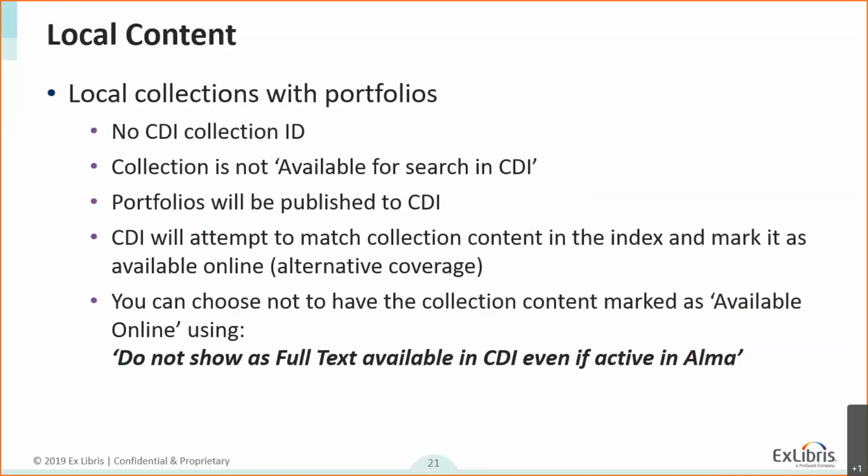So local collections can be marked in CDI as available online through the use of the alternative coverage. Of course, you can decide that you don't want it to appear in CDI. By default, it will appear in CDI. You have the option not to make it available online in CDI through the use of "do not show as full text available in CDI, even if active in Alma." Okay? So that's something to take into account.